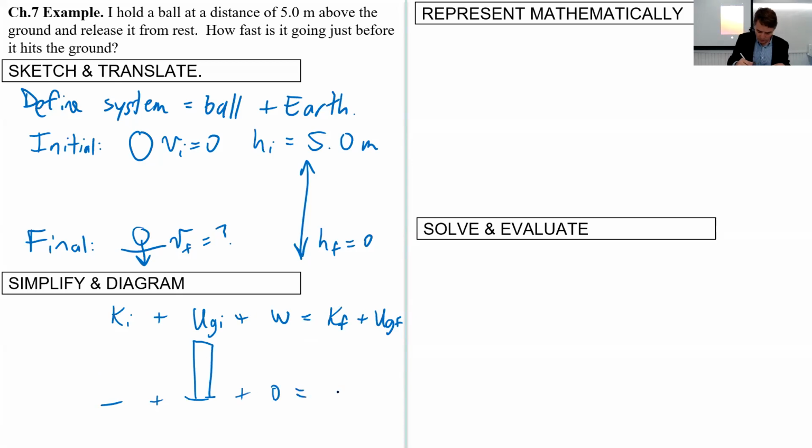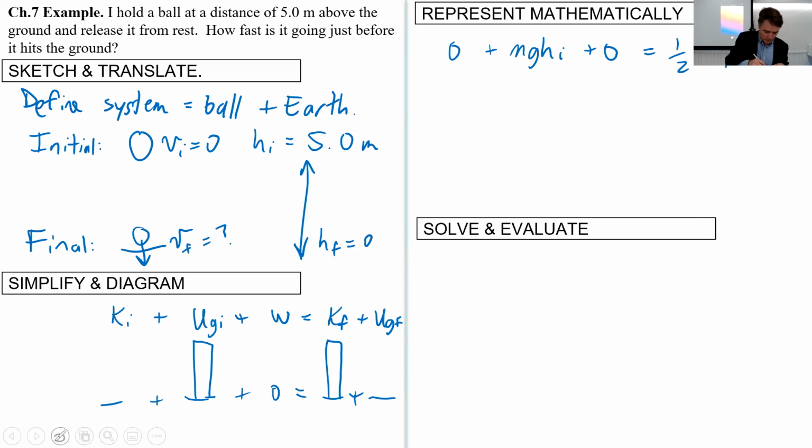There's no external work, and it ends with all of that getting converted to kinetic because it doesn't have any gravitational at the end. So you go 0 plus mgh initial plus 0 equals 1/2 mv final squared plus 0.